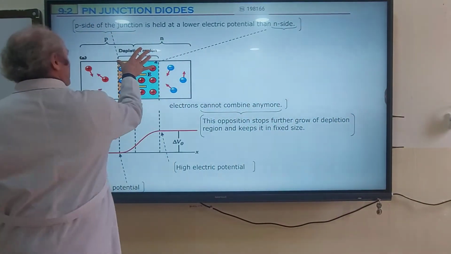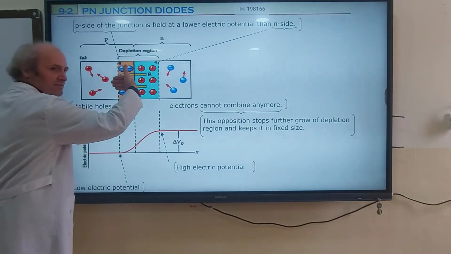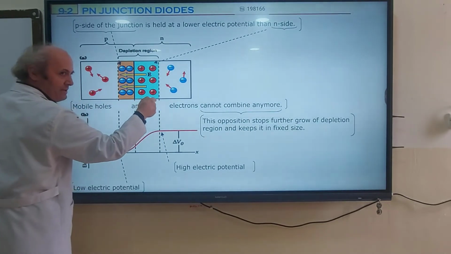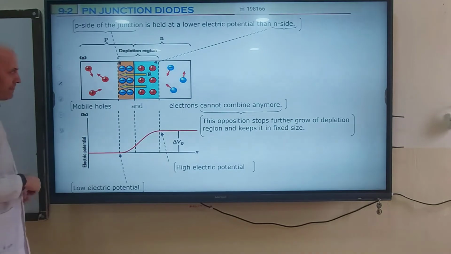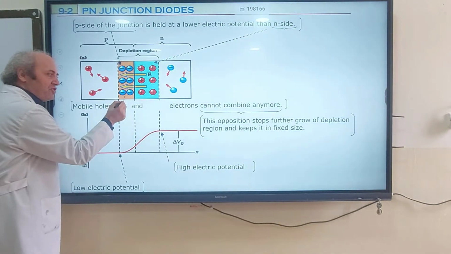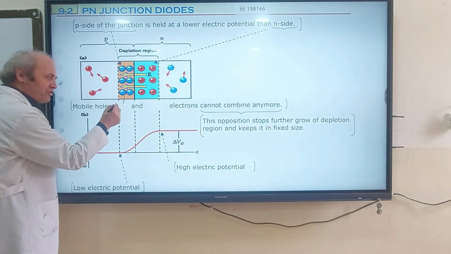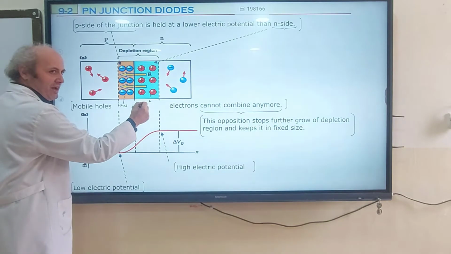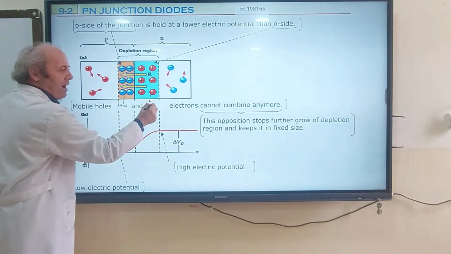The depletion region is the region through which the electric field forms, from the N-type to the P-type. And as I explained, the negatively charged part of the depletion region has a low electric potential. The positively charged side of the depletion region has a high electric potential.